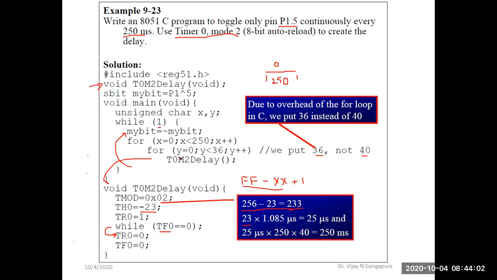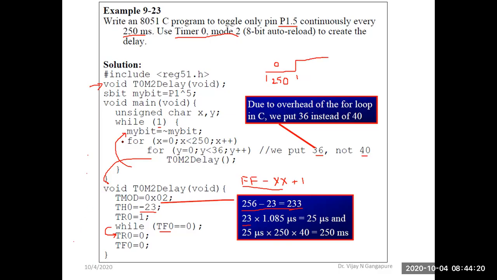Again this call to T0M2 delay is repeated, 250 multiplied by 36 times, generating again a 250 millisecond delay. But now we have complemented my bit, so it will remain 1 for another 250 milliseconds.